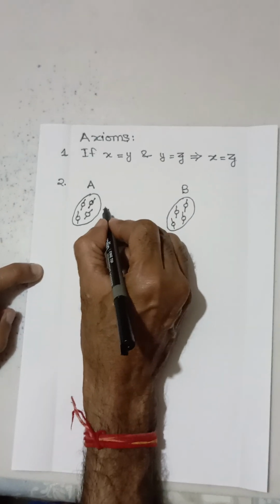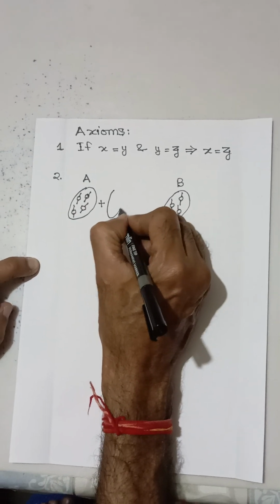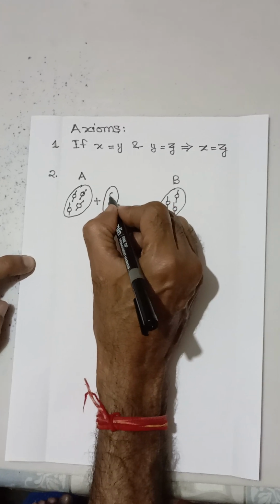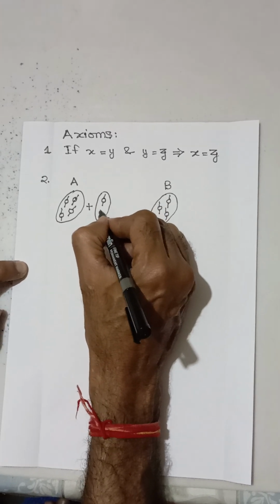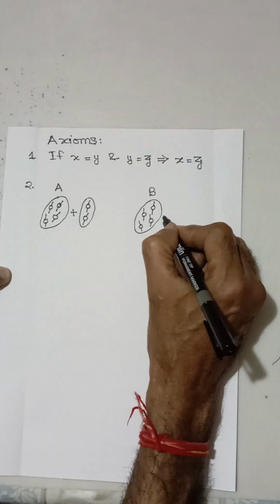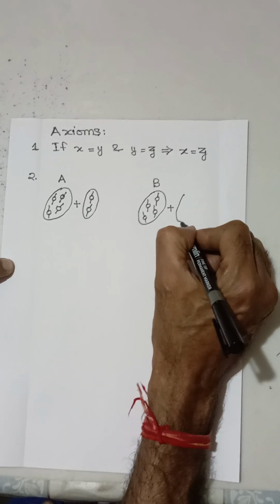Now 2 more toffees are added to A, and 2 more toffees are added to B.